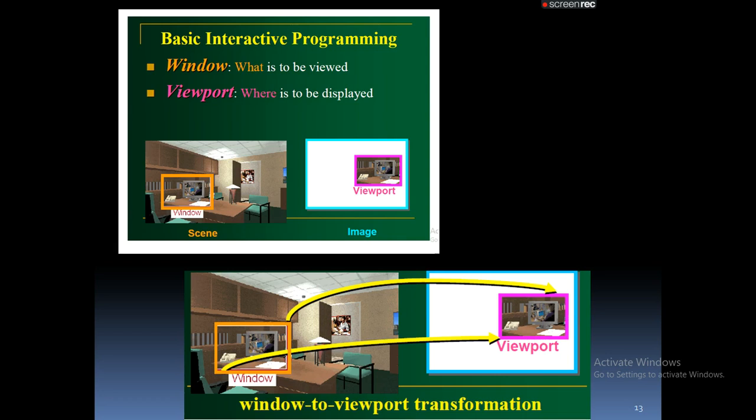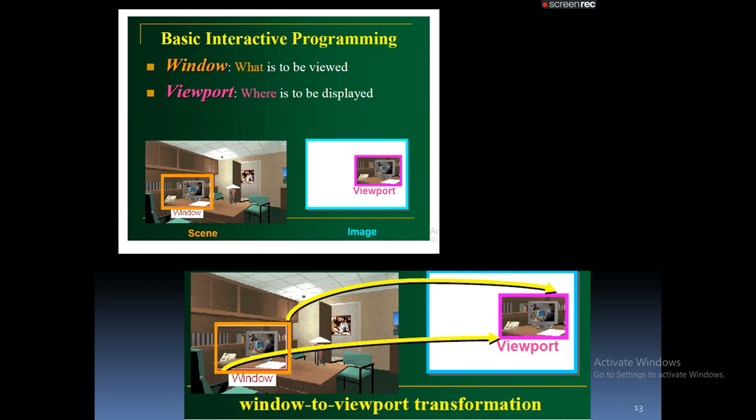Here, please see the left diagram, the yellow color window I displayed. This yellow color window represents the clipping window. So the clipping window decides what is to be viewed. Now next we need to create a viewport. The viewport specifies where it is to be displayed.